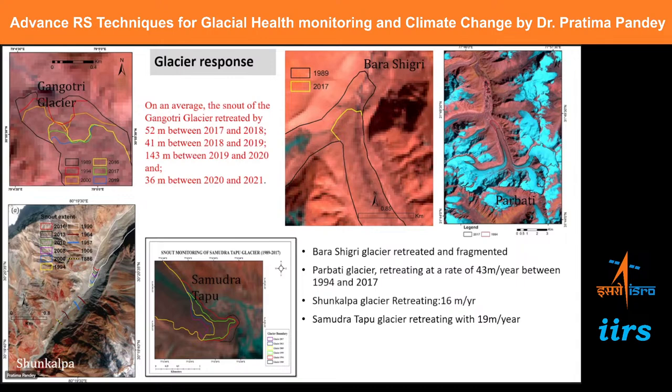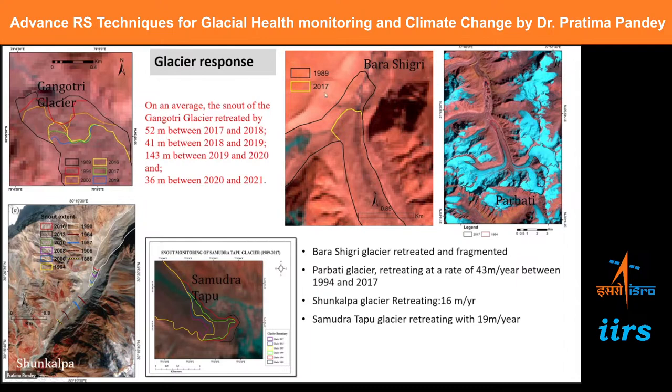If we monitor the snout of the glacier, we can see that it has retreated. This was 1989, and in 2019 you can see the snout has come up to here. So this much of the frontal part of the glacier ice has been lost.